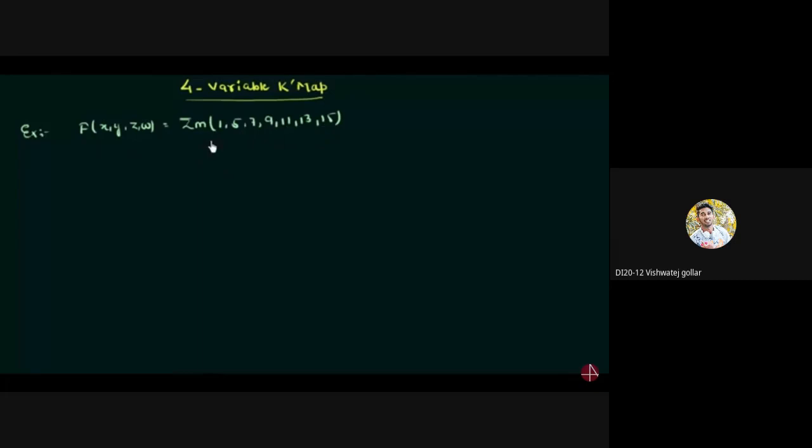Now we have to reduce this by using the K-map. We can do it by Boolean algebra also, but doing this with a K-map will save lots of time. As there are 4 variables involved, 2 to the power 4 is 16, so we need a 16 cell K-map. Let's make it.